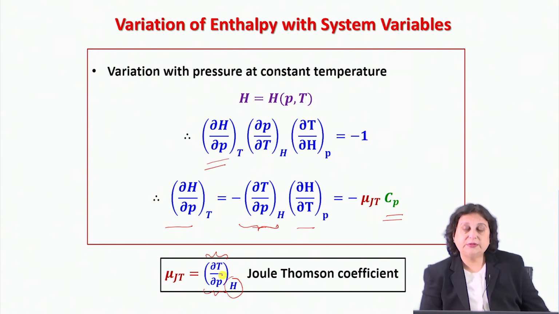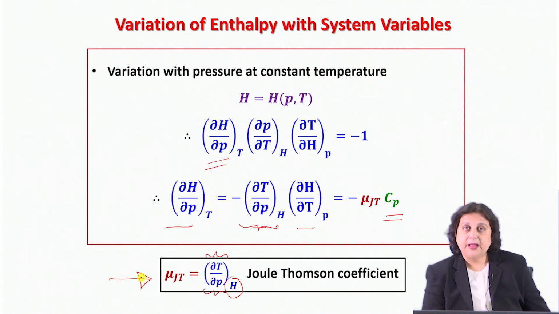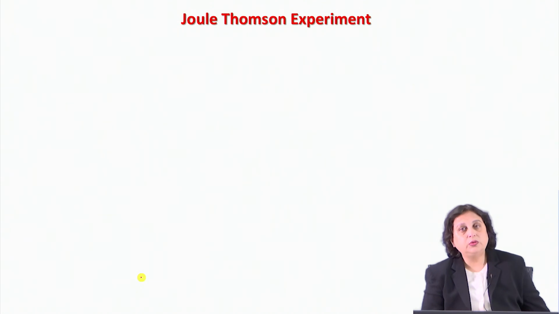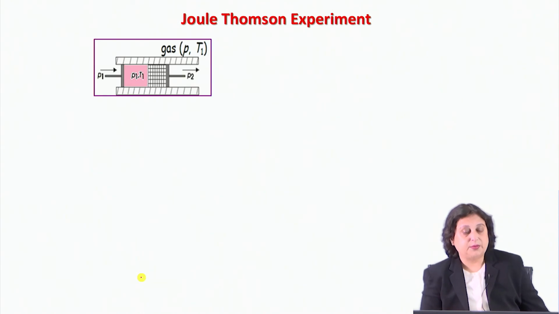So the Joule-Thomson experiment actually allows you to measure mu JT under this special isenthalpic condition. Let's see how this experiment sets this very special condition up. This is the initial equilibrium state.